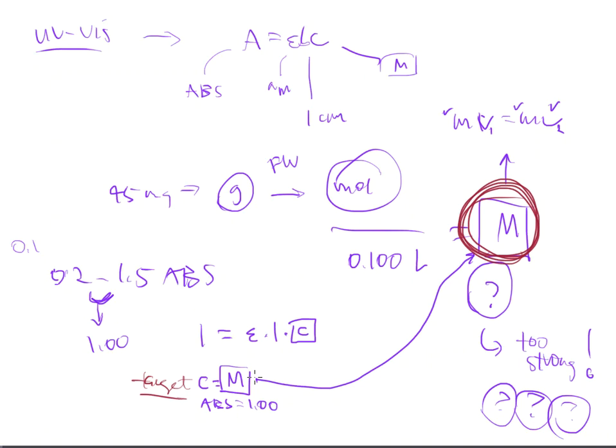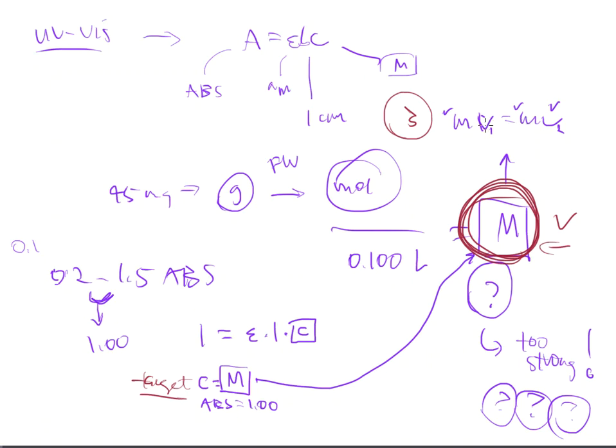And then, finally, number 3, use the dilution equation. Because I almost guarantee you this is going to be way too strong, maybe, depending on how much you isolated. So that concentration is going to have to get diluted. So this is my original. I need to go down to this concentration from Beer's law. So M1 and M2.